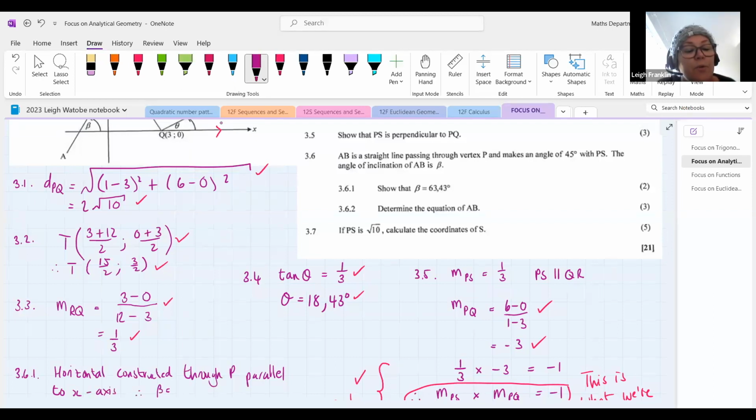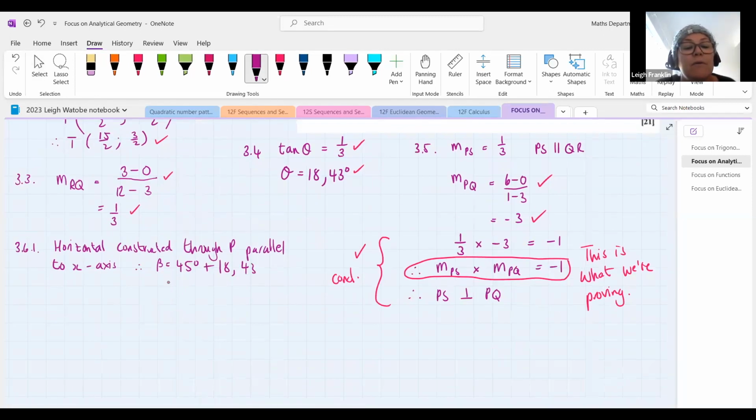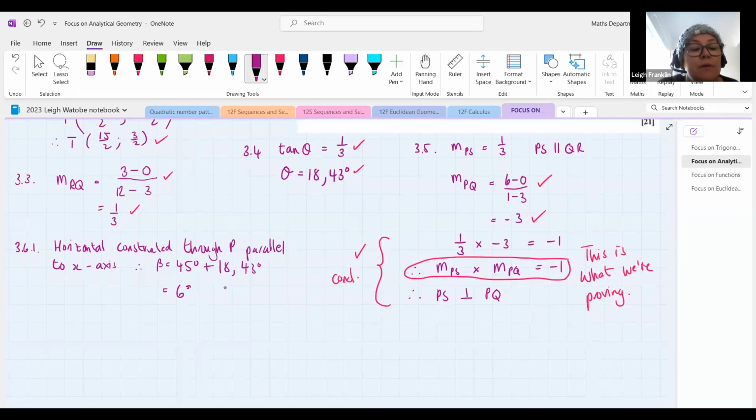Therefore, beta would be equal to 45 plus 18.43, and that would give us 63.43 degrees.